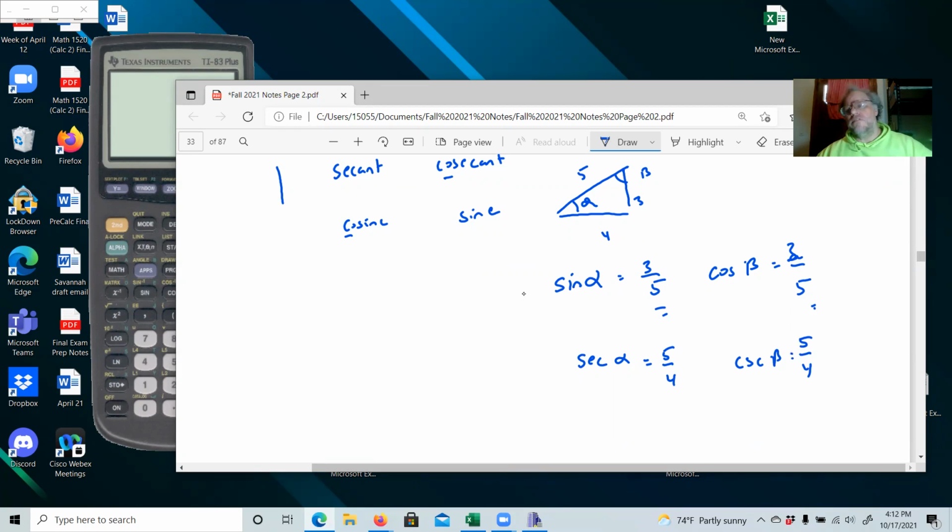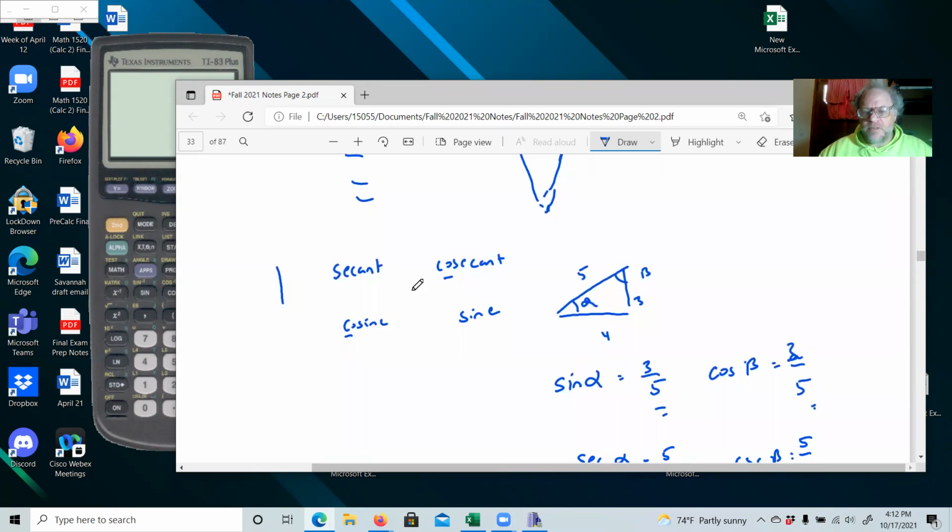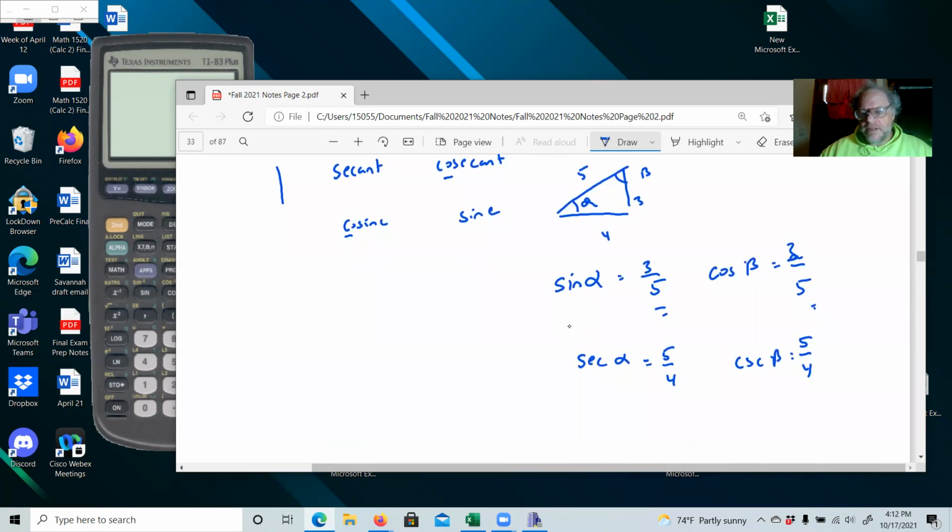So the "co" means complementary; it does not mean reciprocal. You definitely want to remember that. The secant and the cosine are reciprocals. If I ask what's the cosine of alpha, that's going to be 4/5. The secant was 5/4. So just be careful about that.